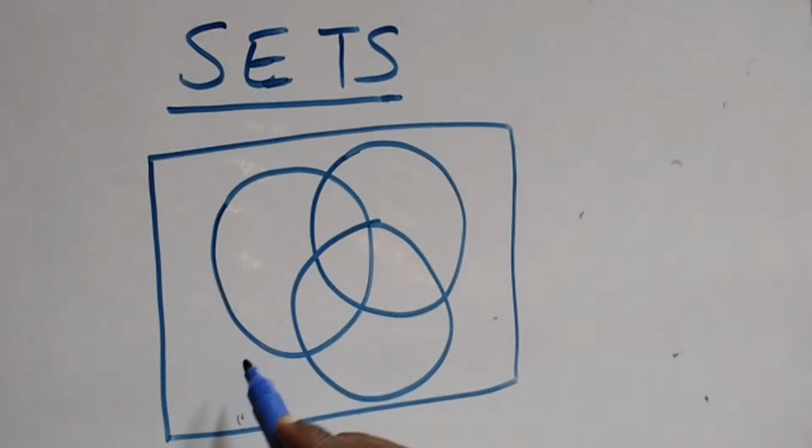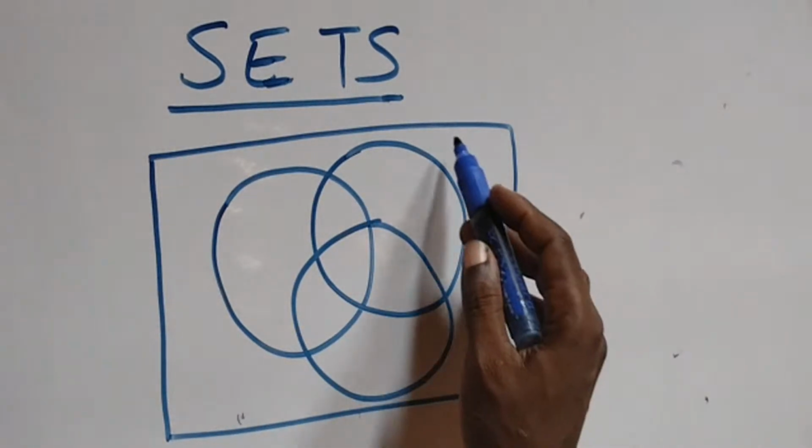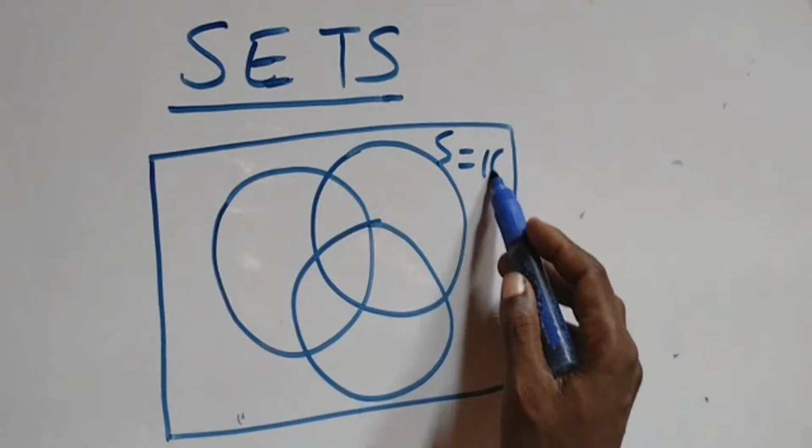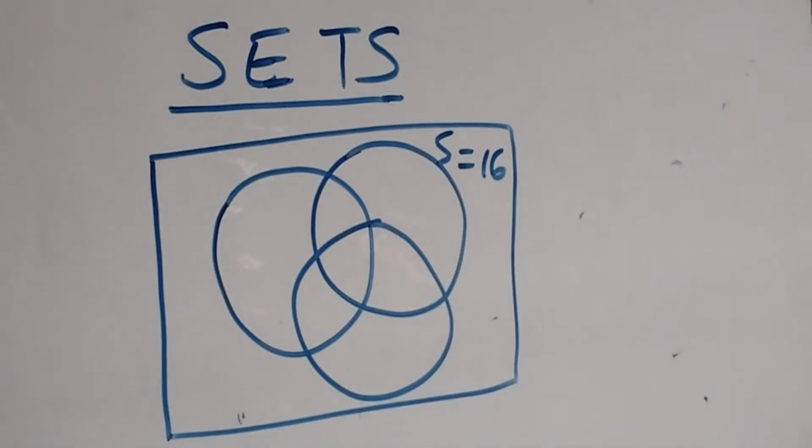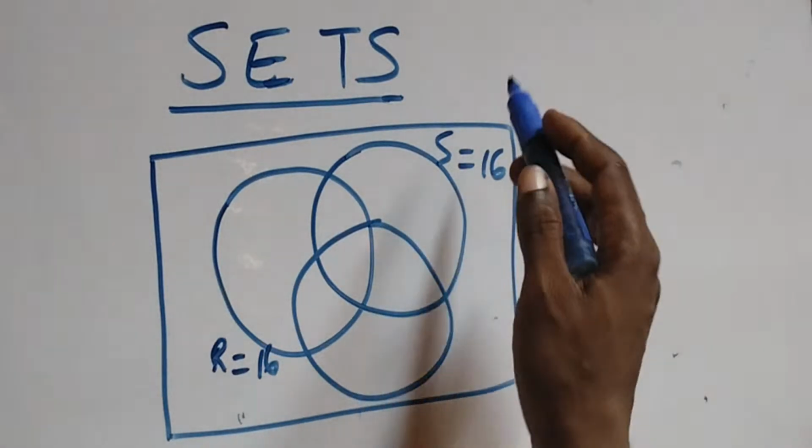The Venn diagram shows the number of students in a class who like reading R. So reading R here is given as 16 of them. Swimming S also 16.